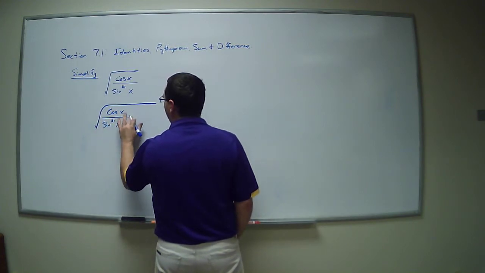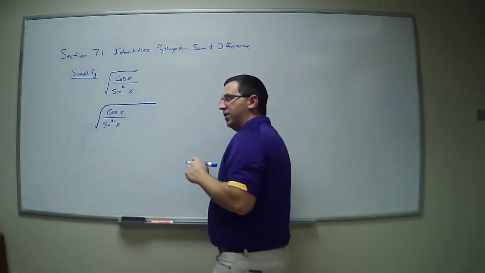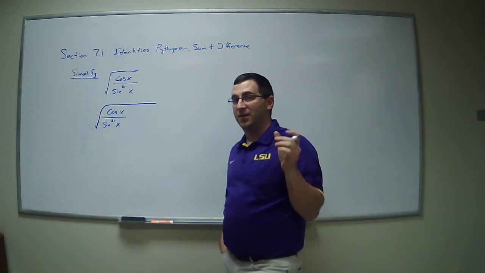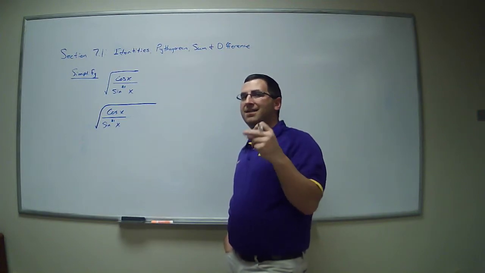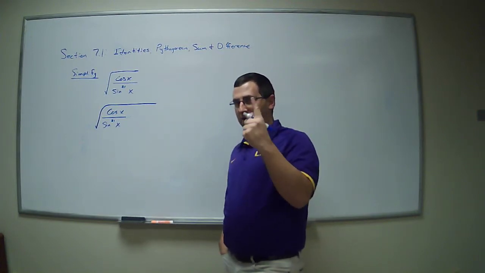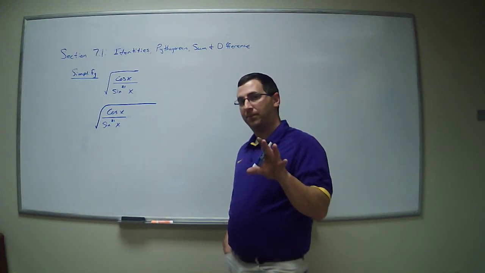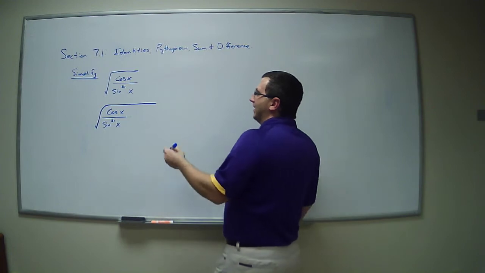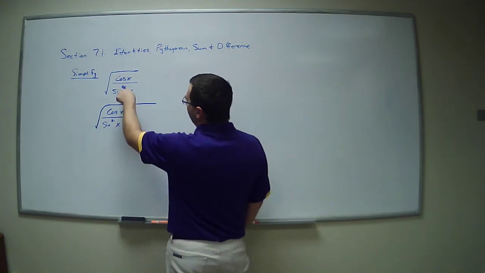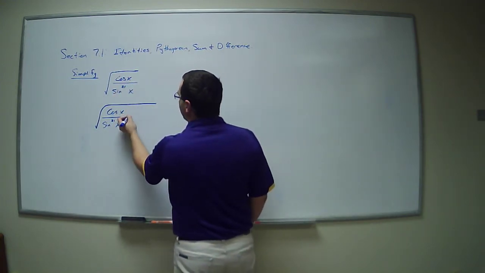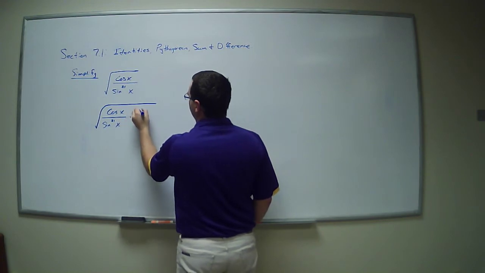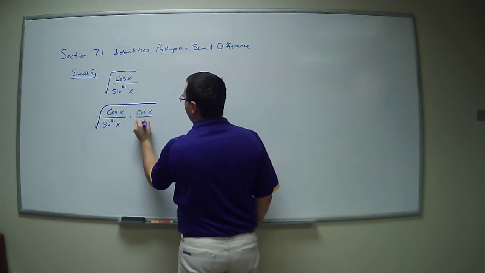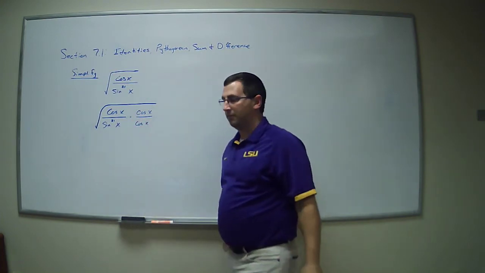You utilize those 2 properties. Remember, if you multiply something by 1, it's that same something, so nothing changes. If you divide something by that same something, it's going to be 1. This is why we're going to do this. We're going to take the stuff on the inside here, and we're going to multiply it by cosine x over cosine x.